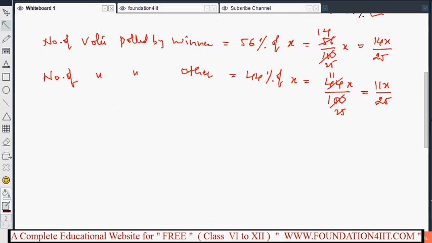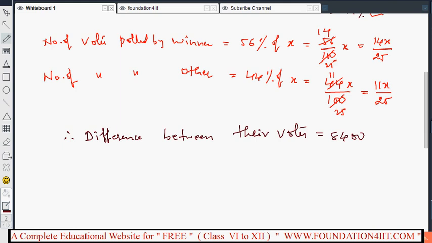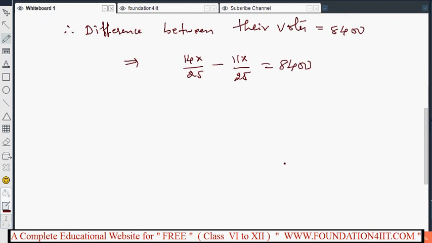Therefore, the difference between their votes, because the winner got some votes more, is 8,400. Therefore 14x by 25 is the winning candidate and the other is 11x by 25. The difference is 8,400. If we solve this, we will get the value of x.